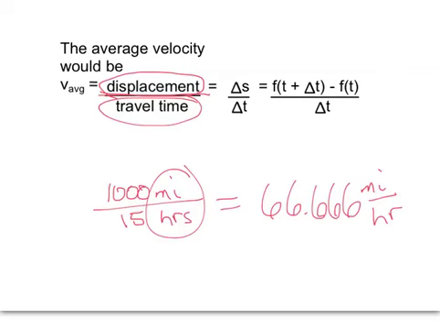Now, of course, you understand that you weren't always going that speed. Sometimes you might have been going 67, but certainly no faster than that. Sometimes you were going 0, maybe 5 or 10, and all these different miles per hour. But on average, when all was said and done, you just took your displacement, which was 1,000 miles, the distance between Utica and Florida, and divided by the travel time. And that gives you your average.